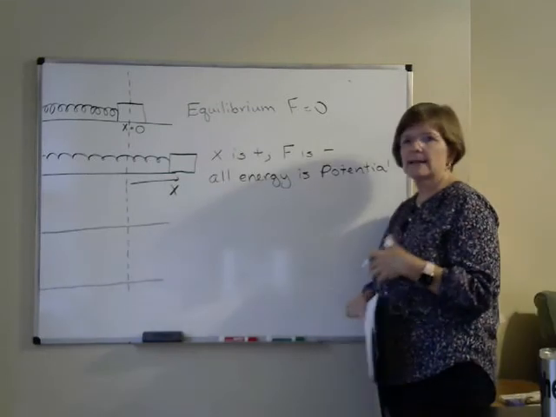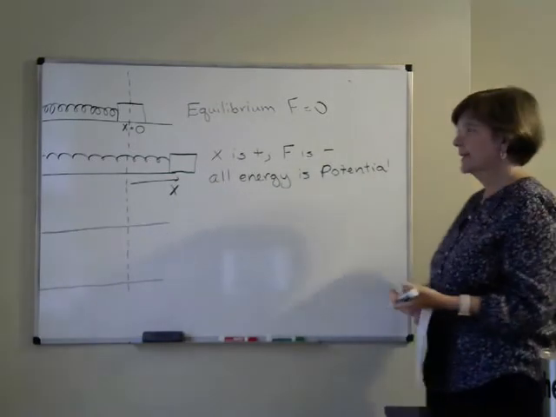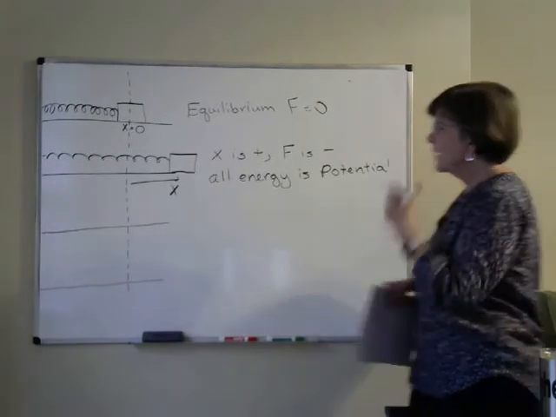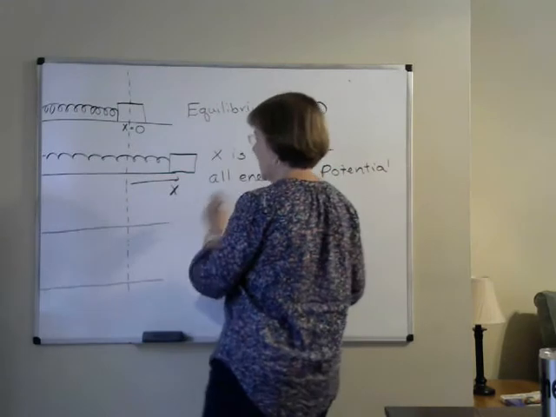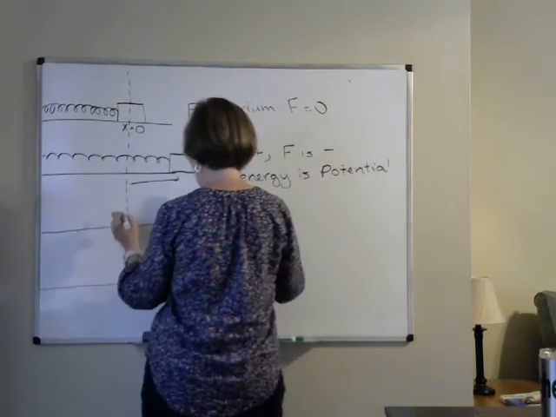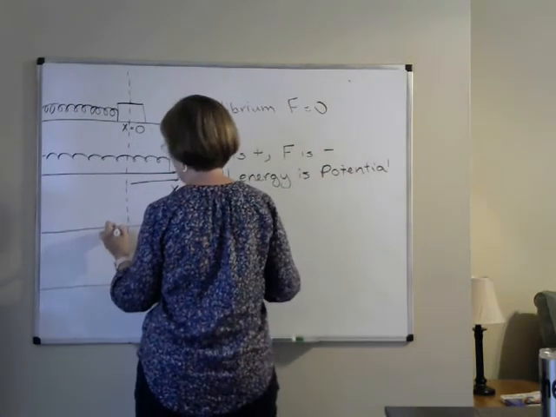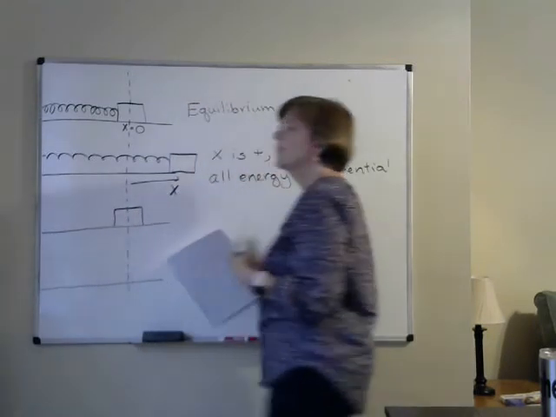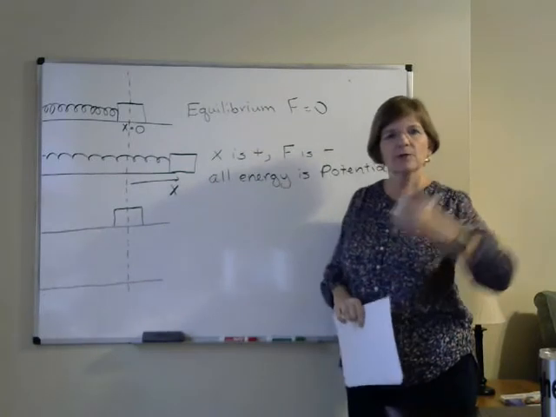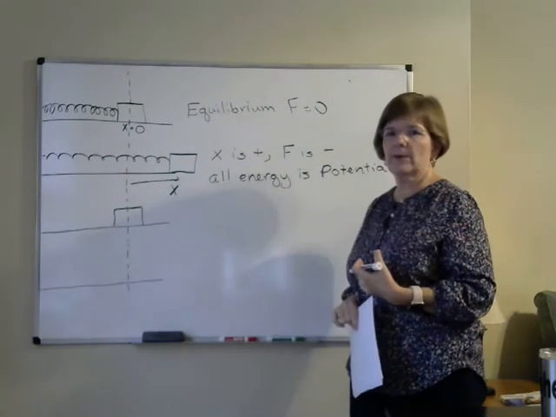We know that it has elastic potential energy of 1/2 kx squared. If I release it, it's going to immediately go back the other direction. When it reaches this equilibrium point, it won't stop. It's going to travel right through the equilibrium point.